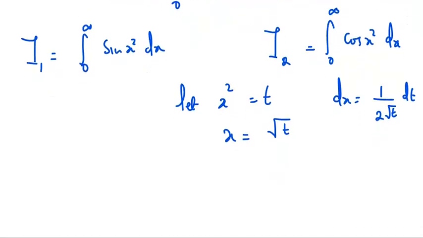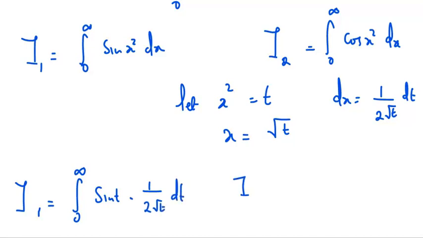So now our I sub 1 is going to be equal to the integral, our limits remain the same, right? Then we're going to have sine of t, then dx, which is equal to 1 over 2 root of t, and then dt. While our I sub 2 is going to be the integral from 0 to infinity of cos t times 1 over 2 root t, and then dt.